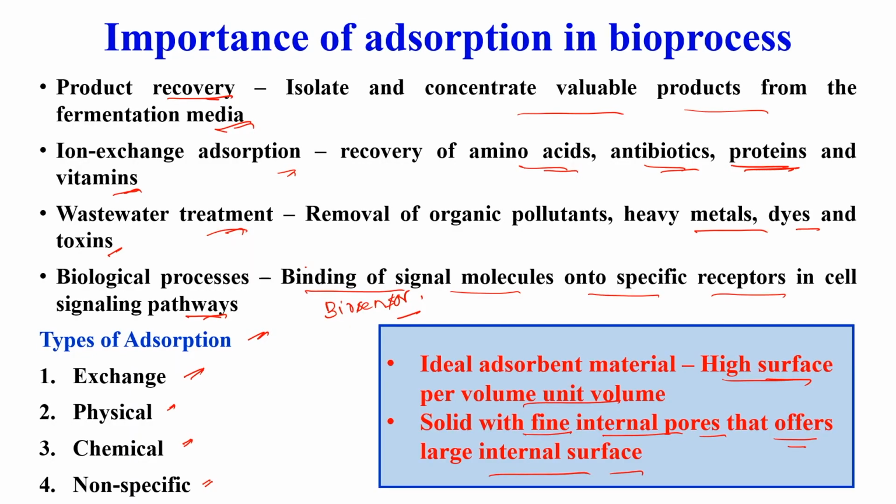So, for this reason, if you want to increase the surface area, we go towards the nanomaterials, towards the nanotechnology. So, in the nanotechnology, you can increase very high surface area per unit volume.